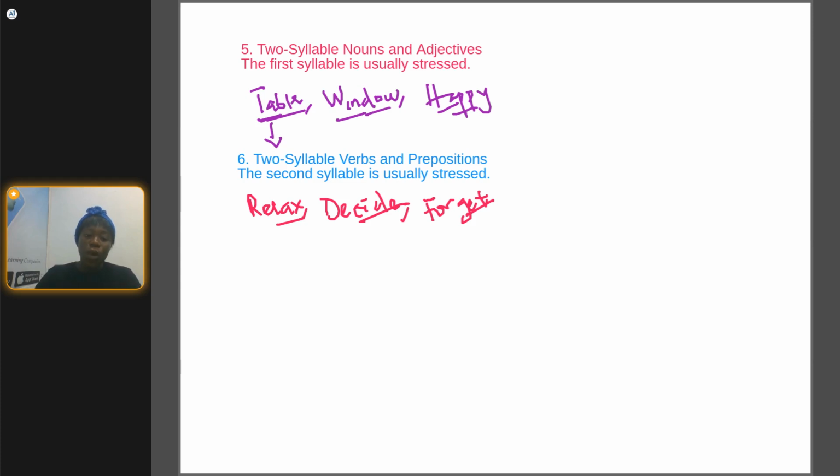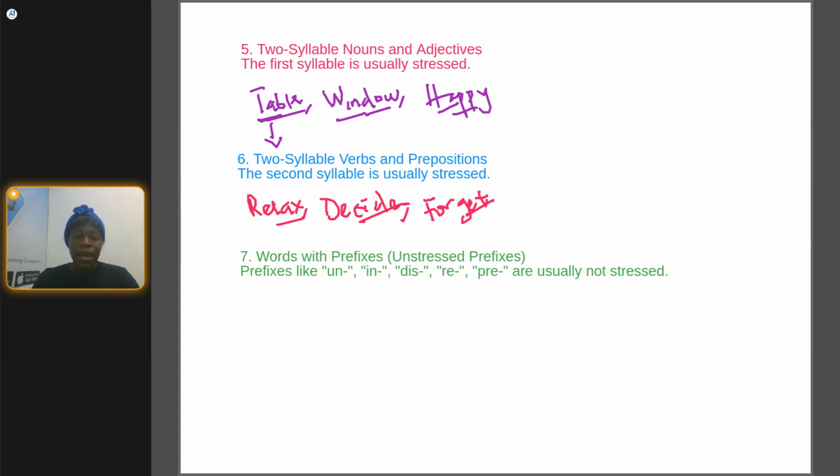We have prefixes like un, in, dis, re, and pre. These prefixes are usually not stressed. So when you have words with prefixes like this, just know that the stressed syllable you are looking for is not on the prefix.